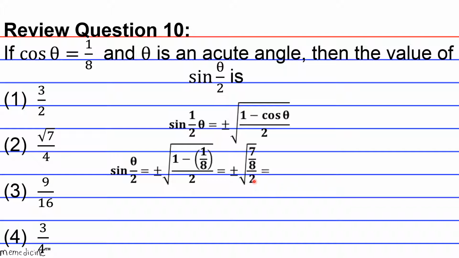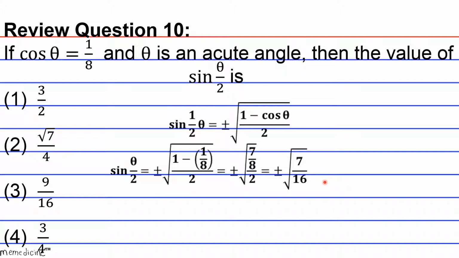Again, this can be further simplified to plus or minus the square root of 7/16. The denominator simplifies to 16 because dividing 7/8 by 2 is the same thing as multiplying by the inverse of 2, so 7/8 times 1/2.